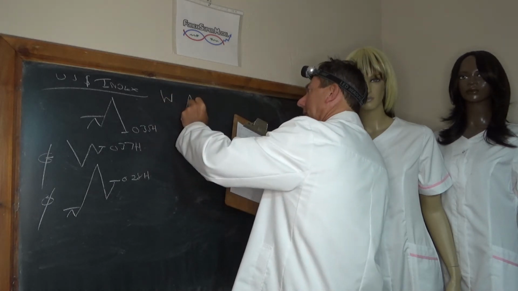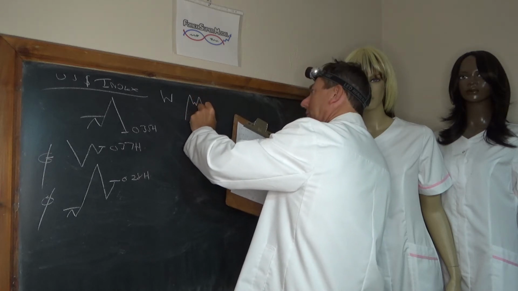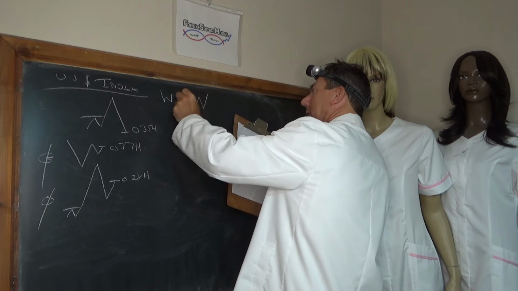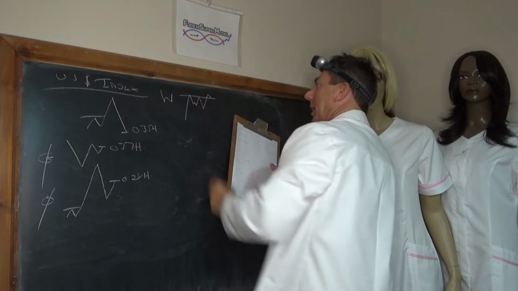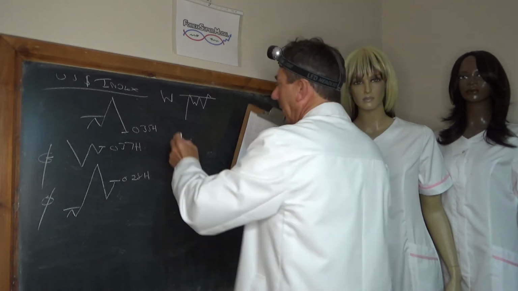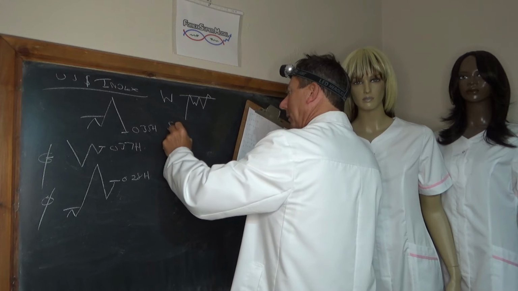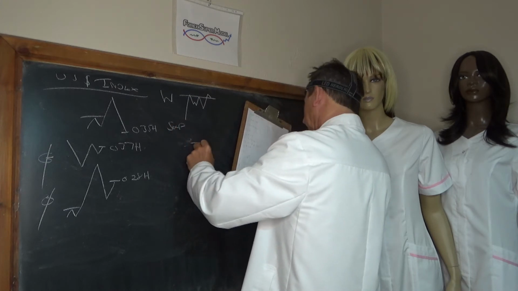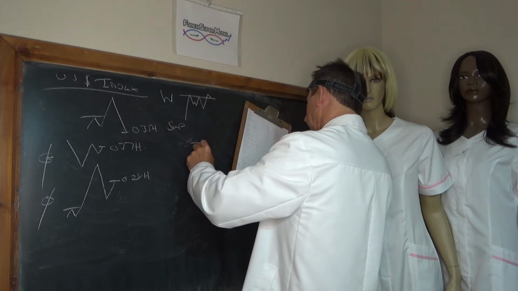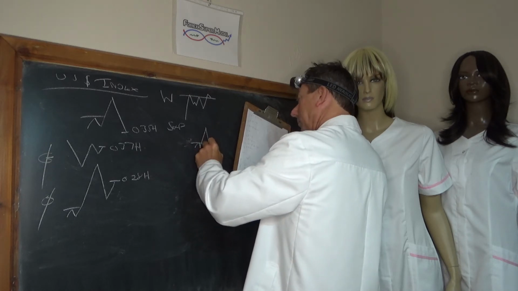Basically it had this treble top, which it broke, and it's now roughly back at the treble top. So it's pretty high, but it's come back a little bit. S&P, basically it broke, and it's the same story.